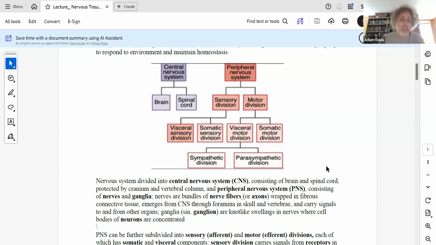What does the sympathetic division do? The sympathetic division is going to stimulate heart rates. It is going to stimulate increased breathing. It is going to elevate blood pressure. It is going to increase your awareness of your environments.